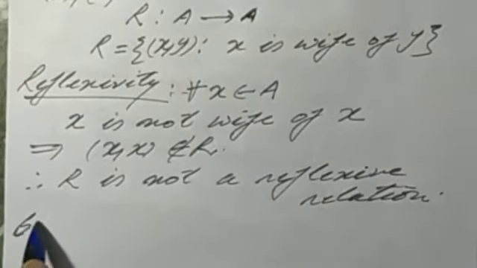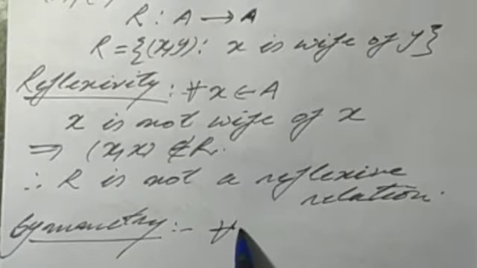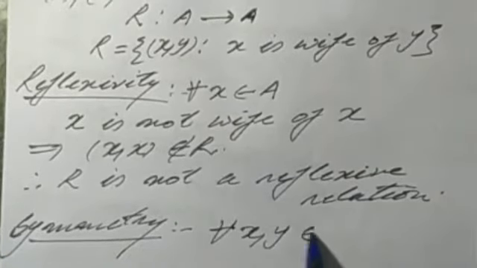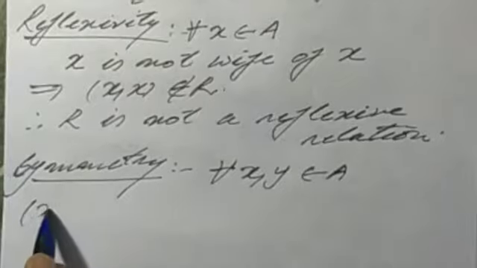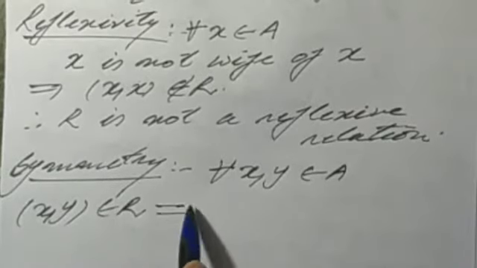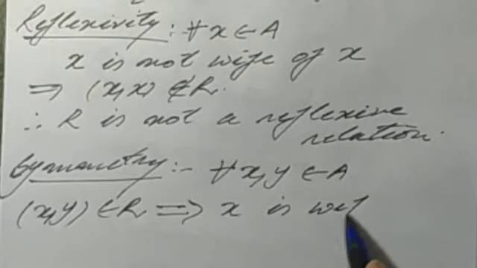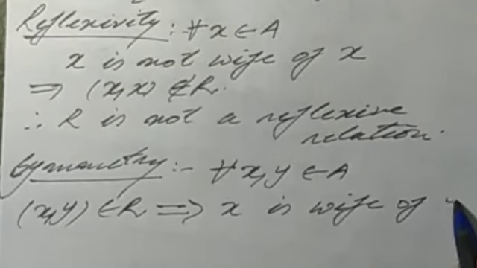Now let us talk about symmetry. Now for symmetry, we take two arbitrary elements x, y belongs to A such that (x, y) belongs to R. Suppose (x, y) belongs to R. Now we have to check whether (y, x) will also be element of R or not. So (x, y) belongs to R implies that x is wife of y.